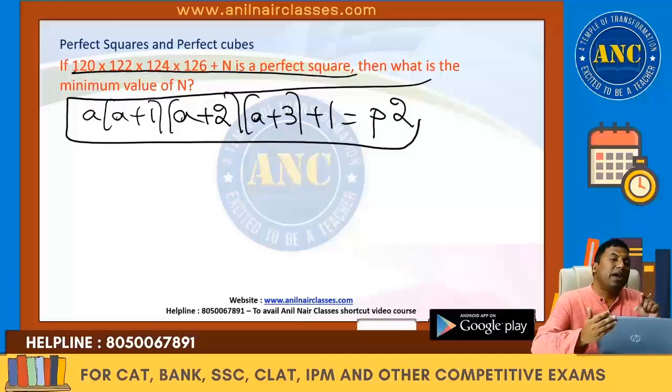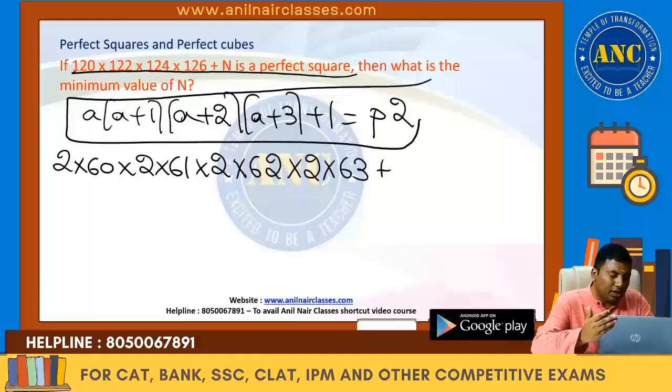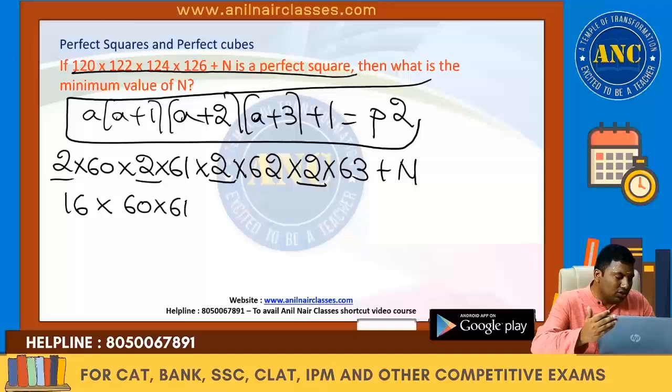Let us try to make them consecutive. 2 into 60, 2 into 61, 2 into 62, 2 into 63, plus n. That is 16 into 60 into 61 into 62 into 63 plus n.